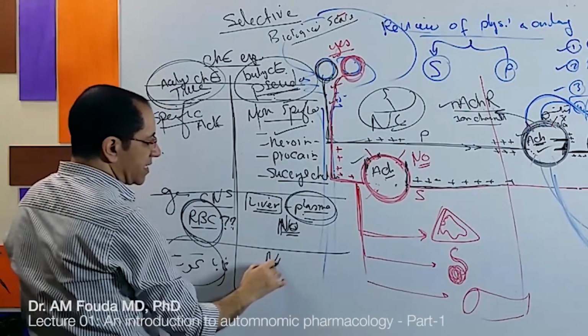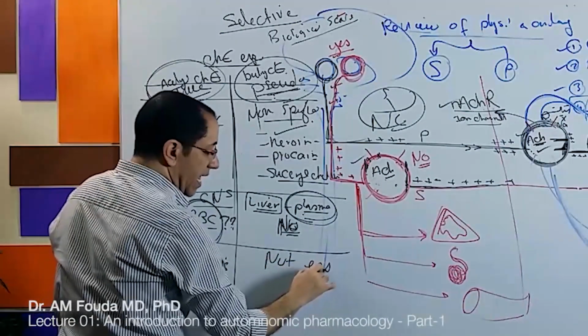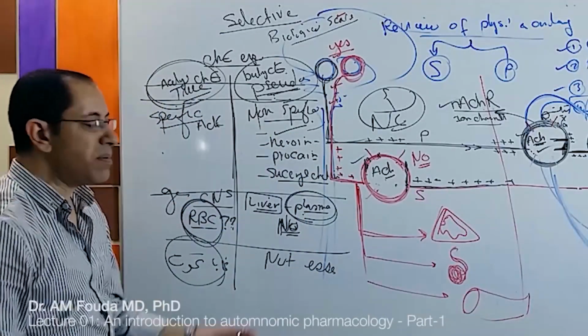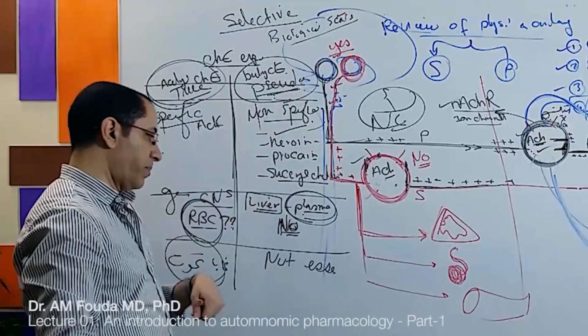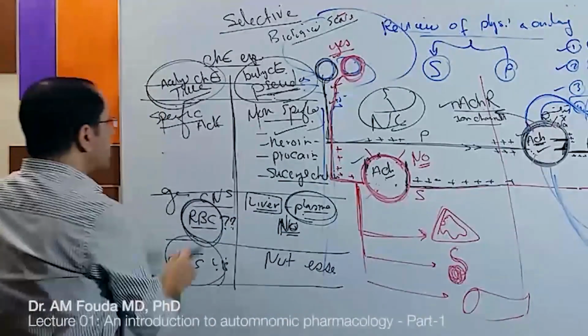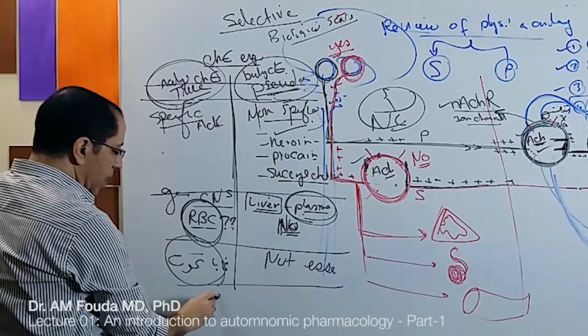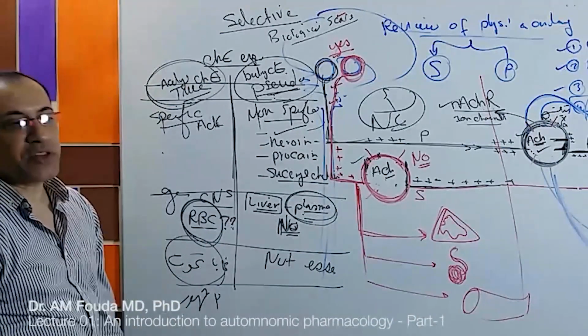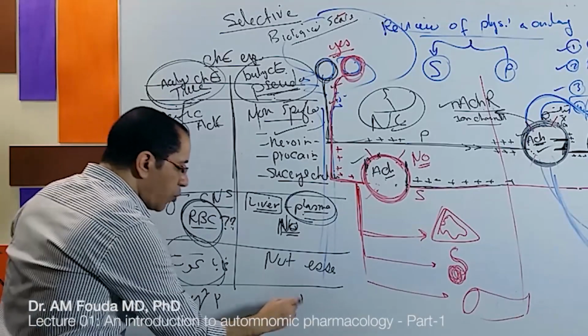Okay, here we need to look at the pseudocholine esterase. Now you know that it is needed for metabolism of other drugs than acetylcholine. Among these drugs is succinylcholine, a muscle relaxant drug used before operation to induce muscle relaxation.